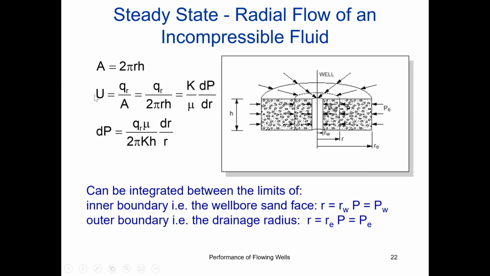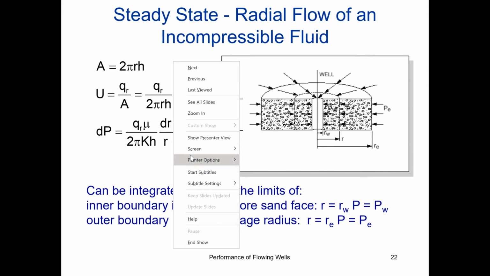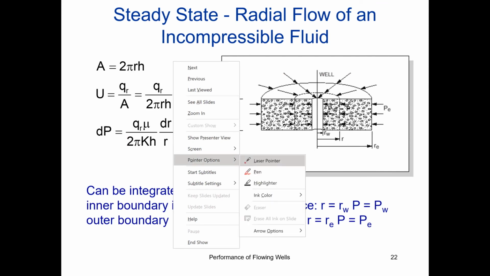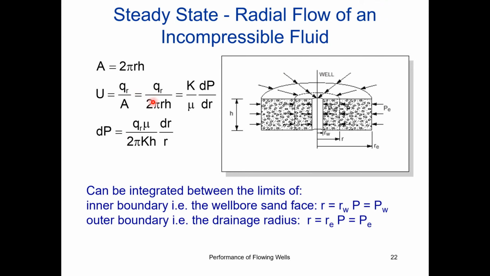So the velocity u is a function of flow rate at reservoir condition, where this R means reservoir condition, divided by area, and then we replace area with this expression. That is equal to K divided by mu times dP to dr. From here, we can write dP, the pressure drop, as a function.